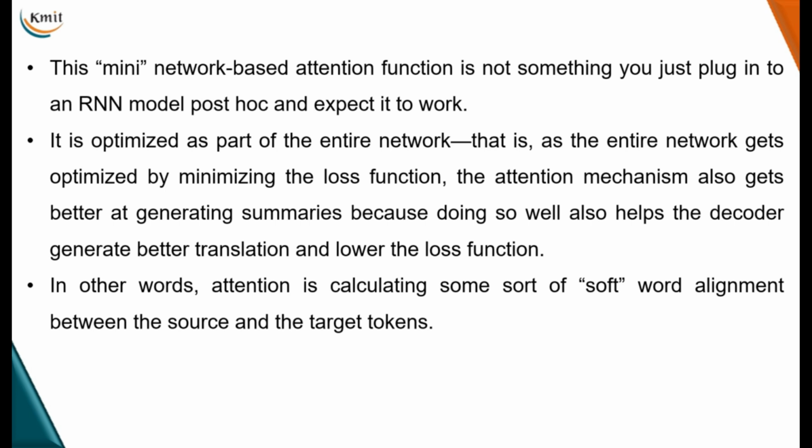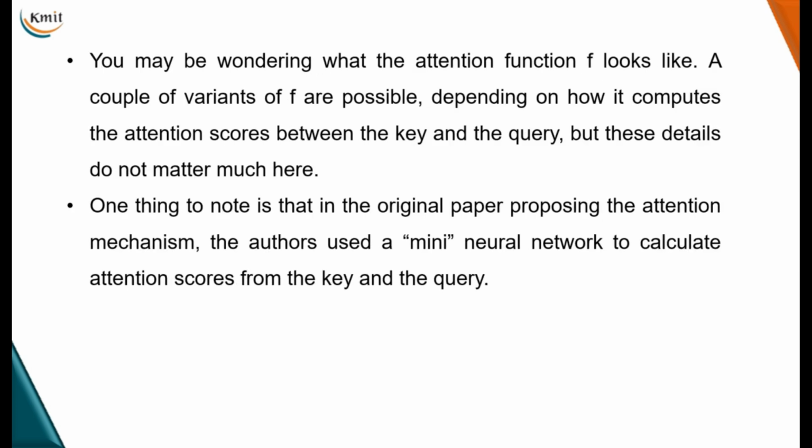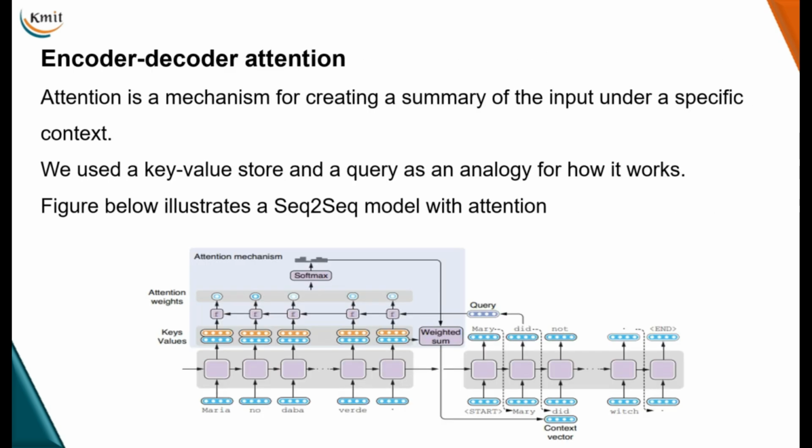In other words, attention is nothing but calculating some sort of soft word alignment between the source and target tokens, which is taken care of by this attention function, as you can see in the figure. This function is mainly used for calculating the attention weights depending upon the query and the key-value pairs, and those attention weights, converted to probabilities using the softmax function, are used for calculating the weighted sums, with which we generate the context dependent summary that is given to the decoder as input.